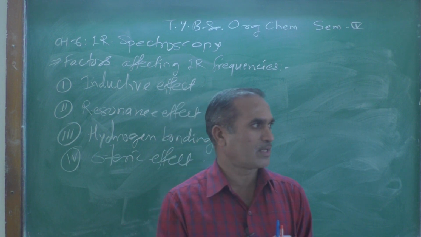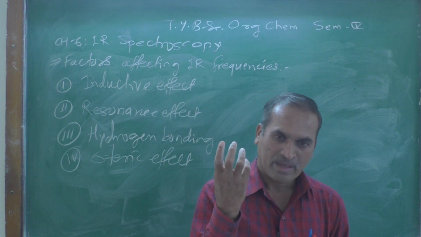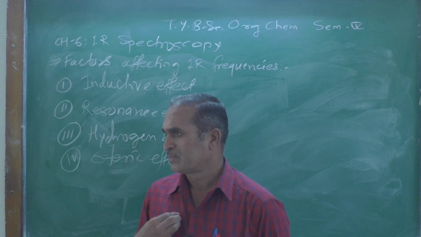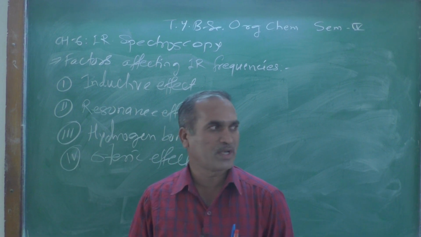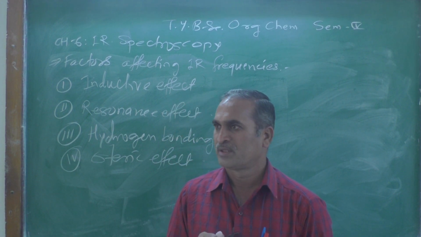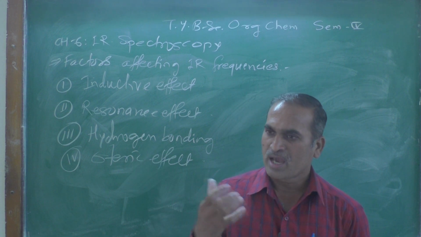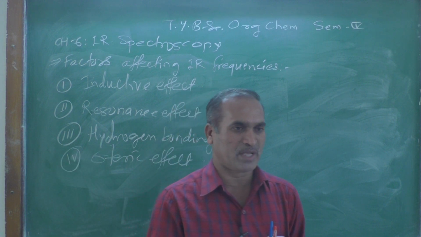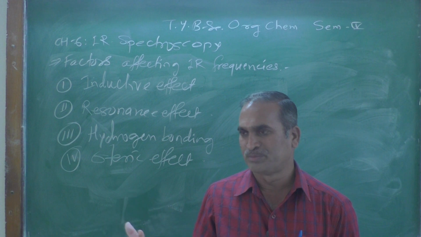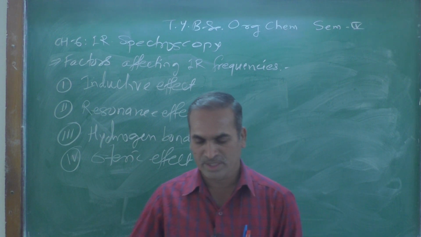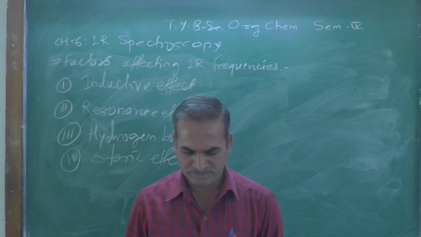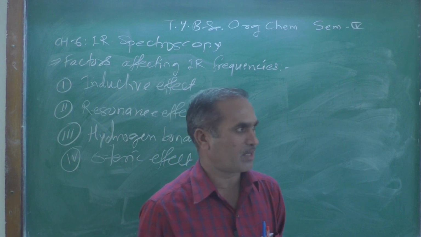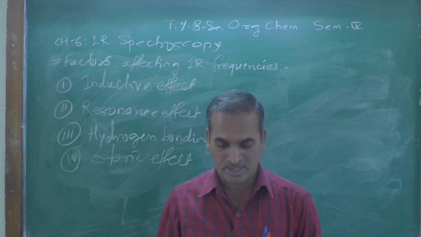If the aromatic compound has an electron donating group, then such an effect is known as the plus R effect. If the aromatic compound has a group which withdraws electrons from the benzene ring, that type of group is referred to as an electron withdrawing group. So here also there are plus R and minus R effects; the examples we will see later on.